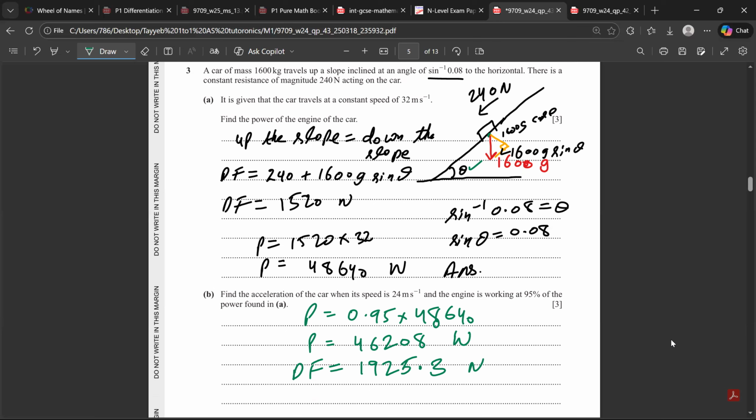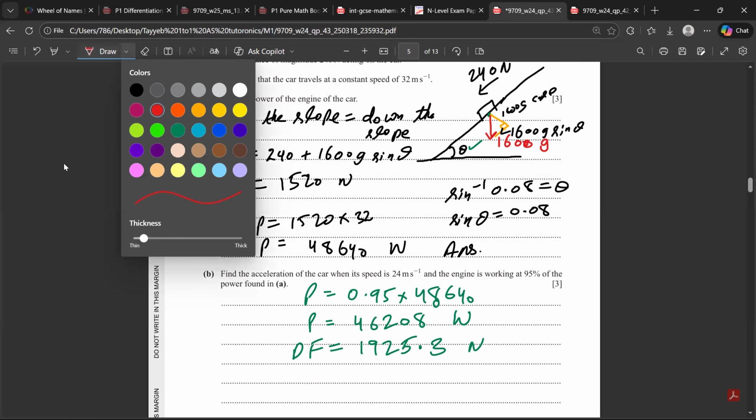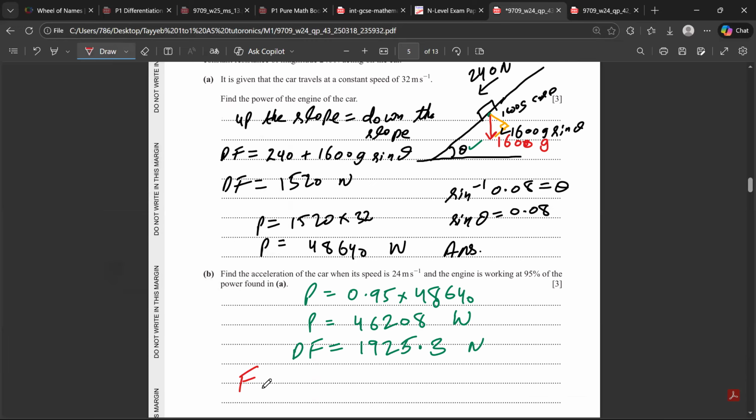Then we can find the resultant force, right? So F resultant: driving force is this, upwards. Weight doesn't change, so that is still the same. What was it? 1600 times 10 times 0.08.